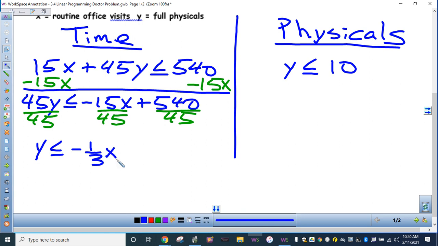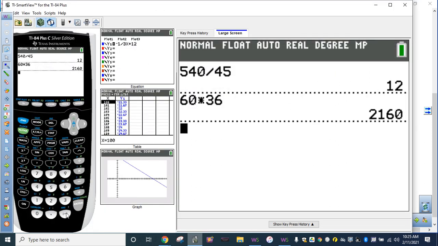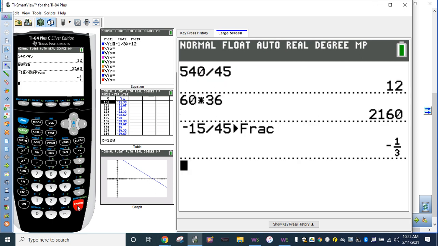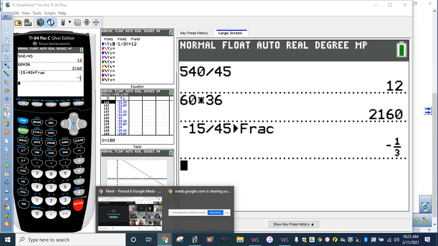So 15 over 45 reduces to 1/3, and 540 divided by 45 is 12. And then I also have this y is less than or equal to 10. Remember, you can reduce those fractions in your graphing calculator. So if we add negative 15 divided by 45 and we hit math and then enter twice, it reduces it to negative 1/3, okay?